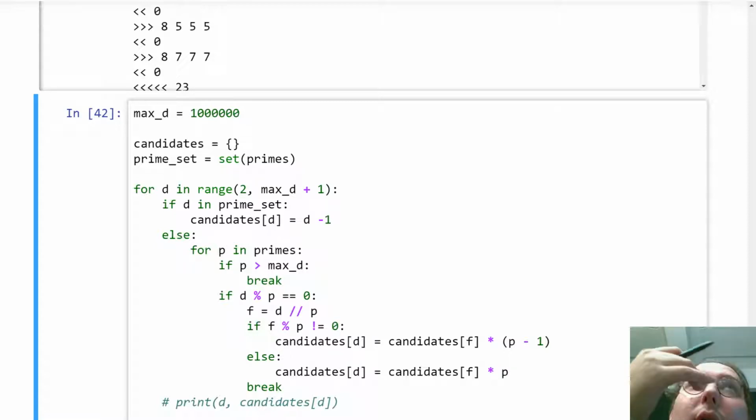Okay, so for the case of 30, we're looking at the candidates for 15, and for 15 we're looking at the candidates for, I guess, 5? 3. Candidates for 5, yeah. So that was what I wrote down. That was 15 here. Yeah. This is 5.